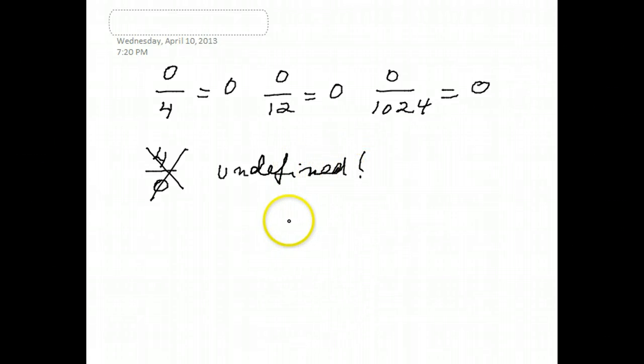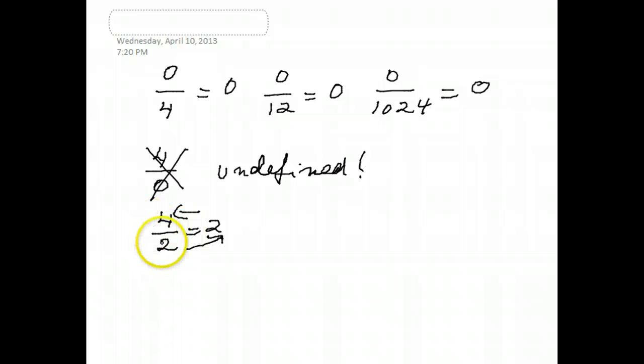Okay, why is it undefined? It's not only because mathematicians are perverse, there is a reason for this. So let's look at what happens when we do a division. When I divide 4 by 2, the answer is 2. And if I multiply 2 by 2, I get 4, right? So when I divide 4 by 2, the answer I get is the number that when I multiply it back by the divisor, I would get 4. So let's say I divide 6 by 3, the answer is 2. 2 times 3 is 6, okay?